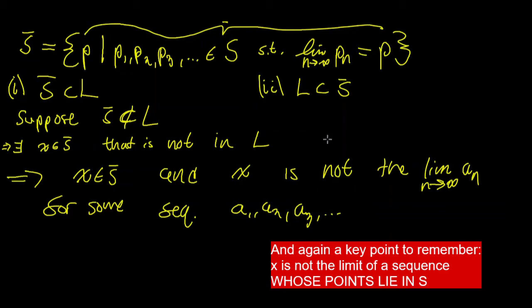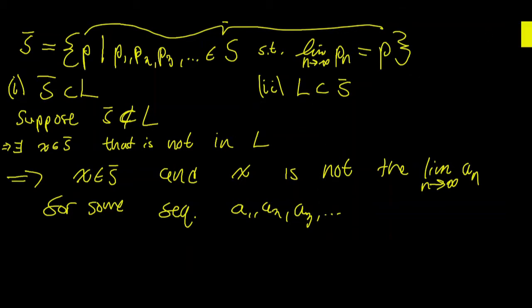Now, when we're talking about sequences of points, we can actually translate this into the language of open sets. And you might be wondering, what do I mean by that? Well, there are three languages that are useful to know when we're talking about convergent sequences, closed sets, and open sets.